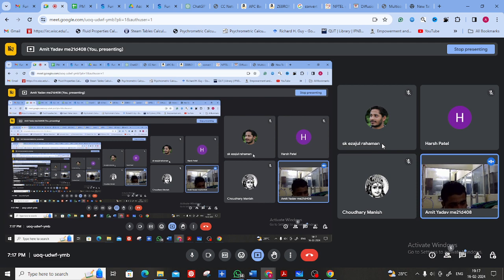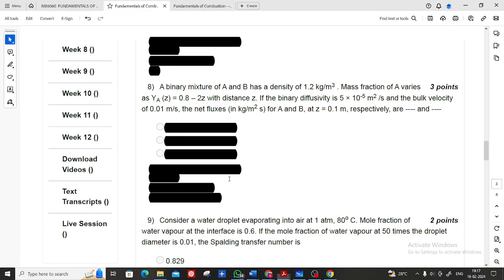Harsh, are you solving? Sir, I'm right now understanding the question. I'm just doing my steps in the mind. So we can get the mass fraction, then the mixture density is known to us, and the diffusivity of A is given.